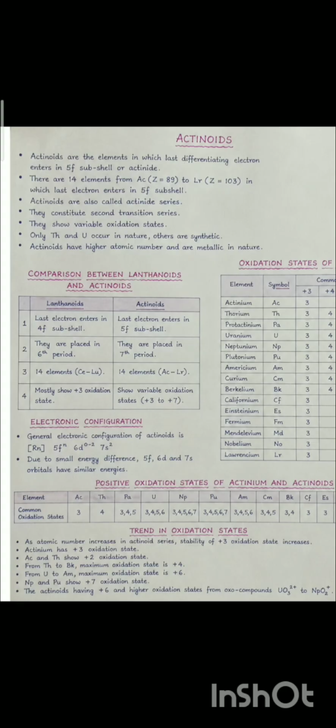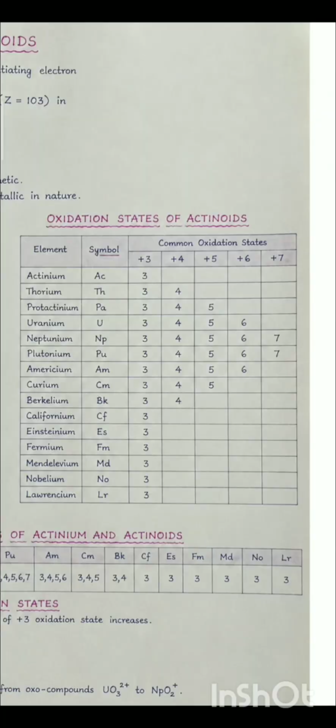The elements having atomic number higher than 92, which are synthetically prepared in the laboratory by nuclear reactions, are called transuranic elements. And the elements of actinoids are actinium, thorium, protactinium, uranium, neptunium, plutonium, americium, curium, berkelium, californium, einsteinium, fermium, mendelevium, nobelium, lawrencium.